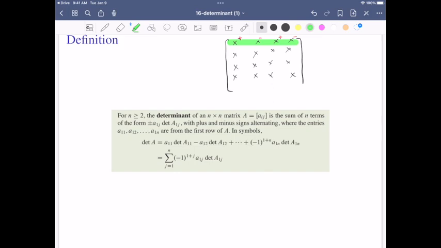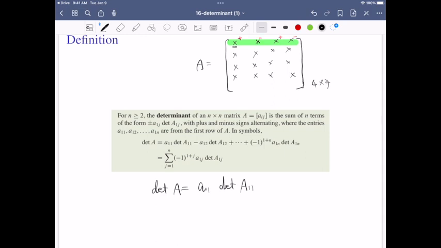Now we expand the determinant. For this 4x4 case, it's going to start from a11 times the determinant of A11, which is a 3x3 matrix.